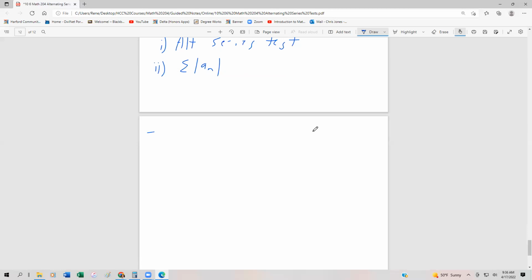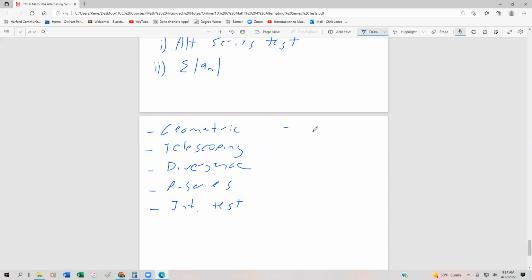All right, so remember, we started off with the geometric series, and then we had the telescoping. Then we had the test for divergence. Then we had a p-series. Then we had an integral test.